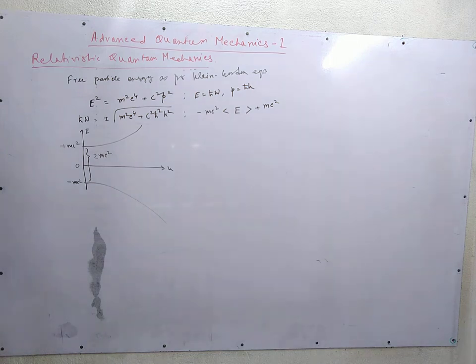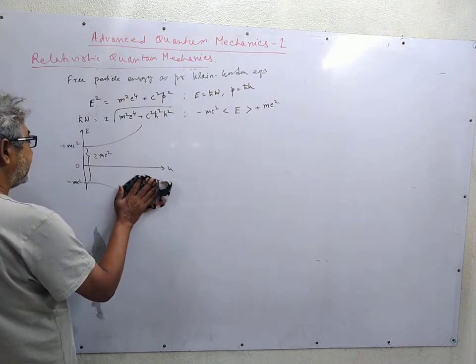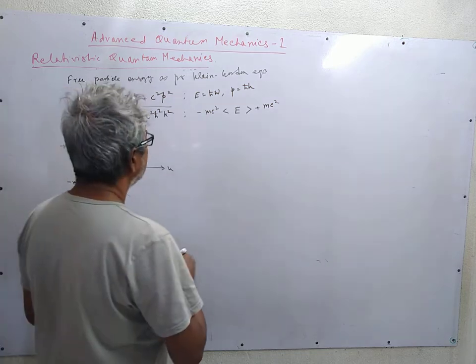Another thing is that if we apply the Klein-Gordon theory to the hydrogenic atom problem, then after detailed manipulation we get an expression for energy.